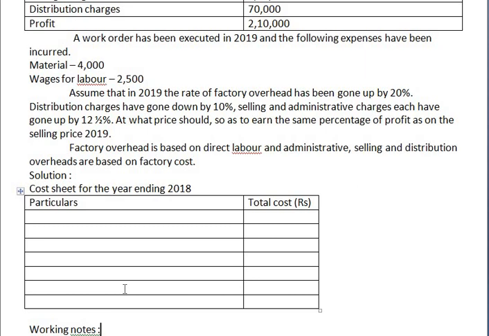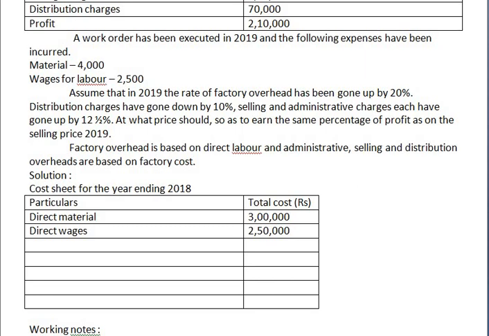Now first we need to take direct material. Direct material amount is 3 lakh, which is given in the chart. Next is direct wages, which is 2,50,000.